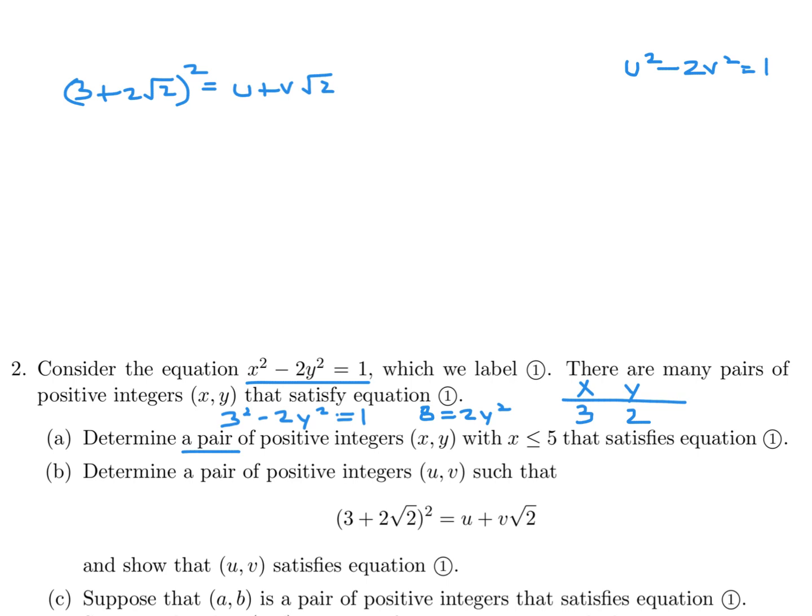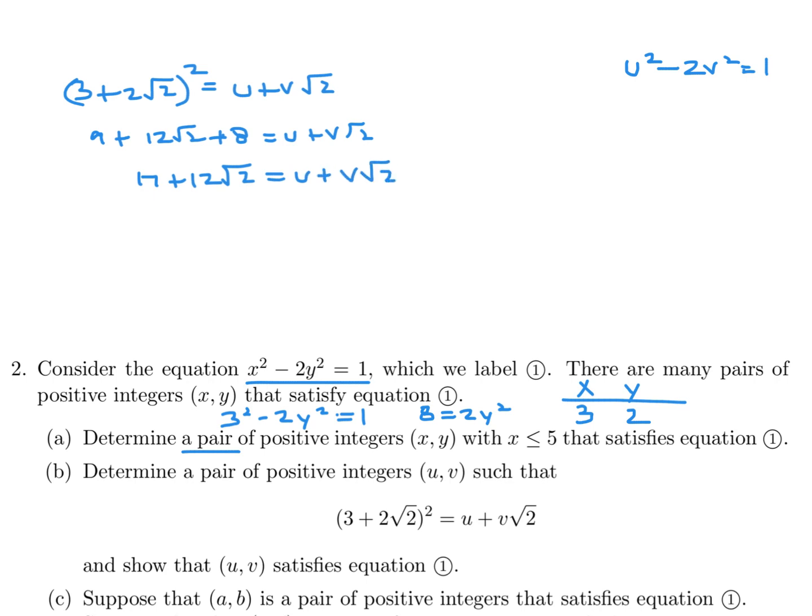Okay, so let's expand this. When you expand this, we get 9 plus 6 root 2 plus 6 root 2 plus 8, and that equals u plus v root 2. So this is 17 plus 12 root 2 is u plus v root 2.